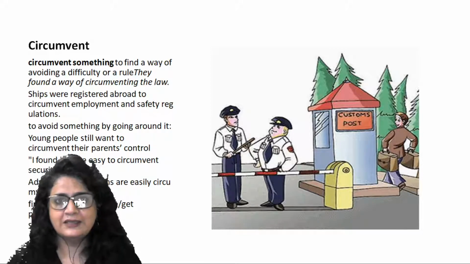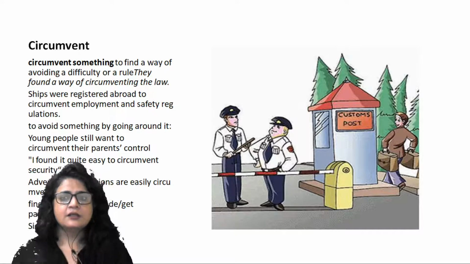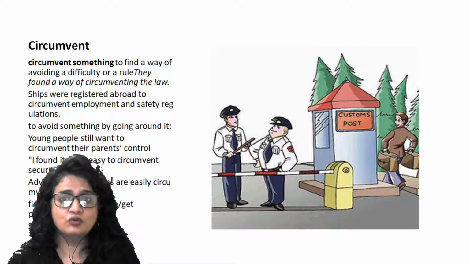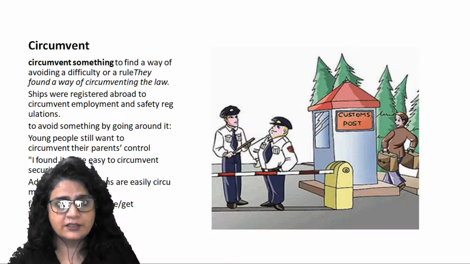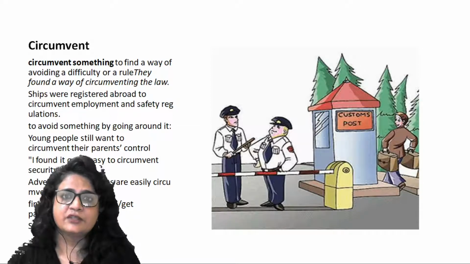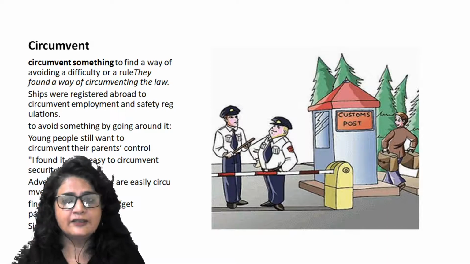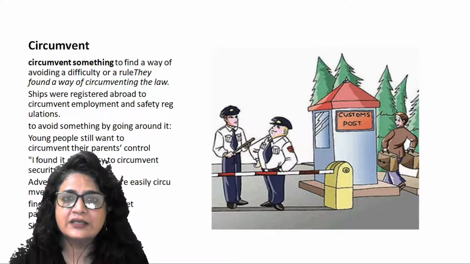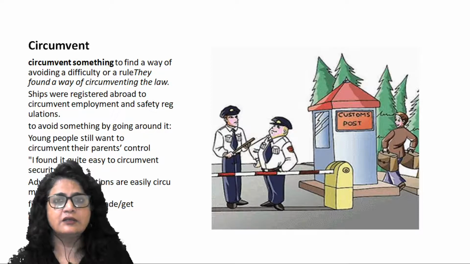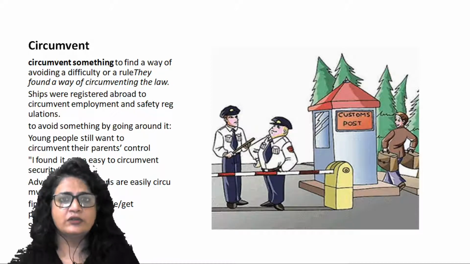He possibly has two suitcases which he doesn't want to show to these people, what he has in these suitcases, and that is why he is trying to evade surreptitiously. Stealthily, he is finding his way. So that is what circumvent is. All right. So whenever you see a roadblock, a road jam, you try to circumvent your way, right?